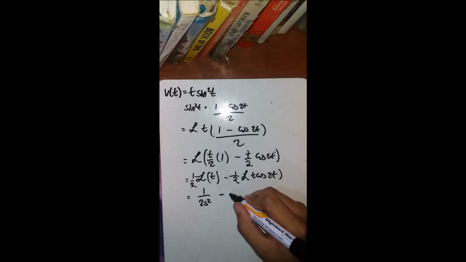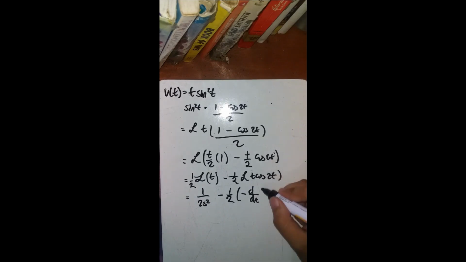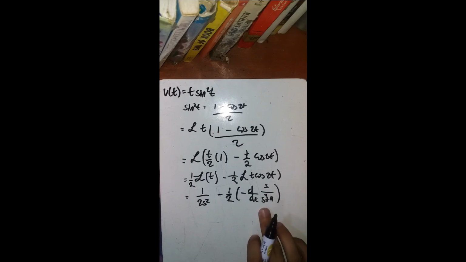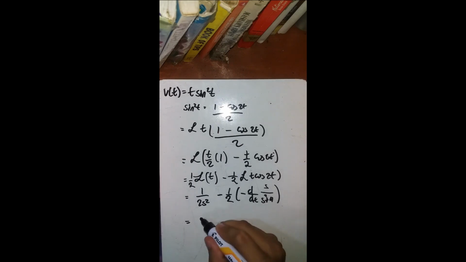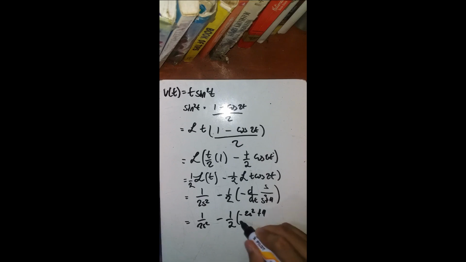Okay, so this will become 1/2 times negative d over ds of the Laplace of cos 2t, so this will be s over s squared plus 4. The derivative of this will become 1 over 2s squared minus 1/2. This one will become negative (2s squared plus 4) all over (s squared plus 4).